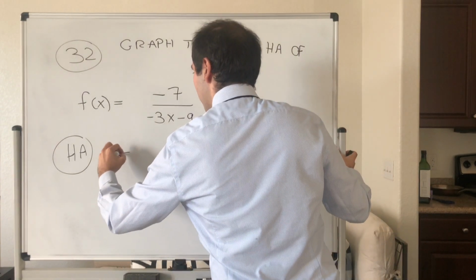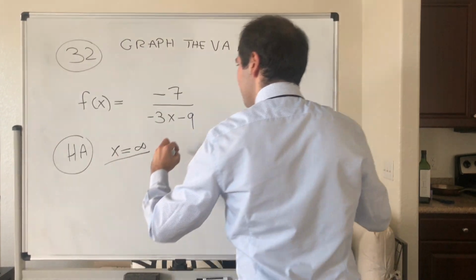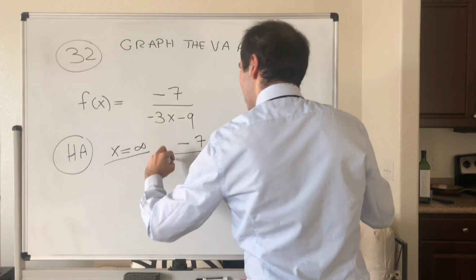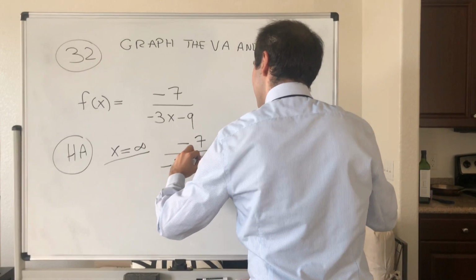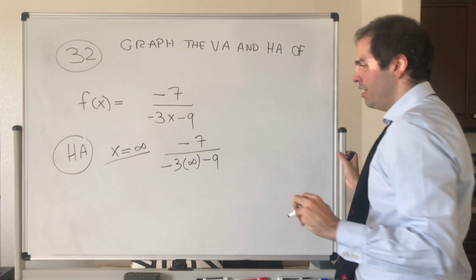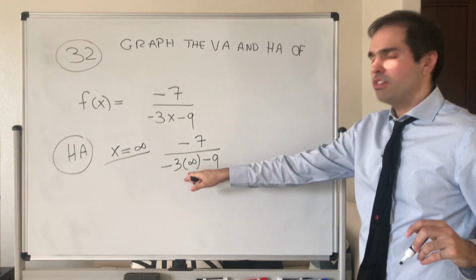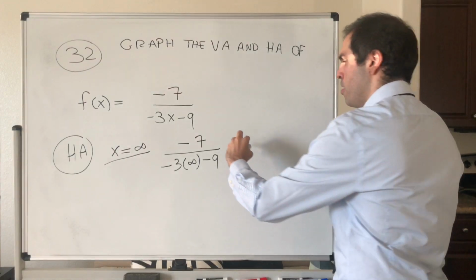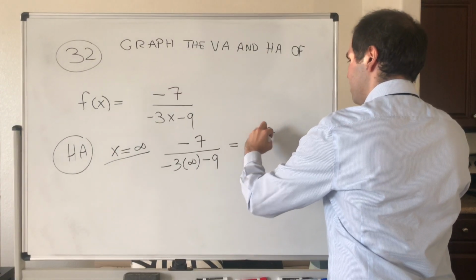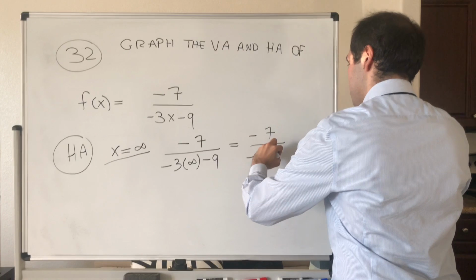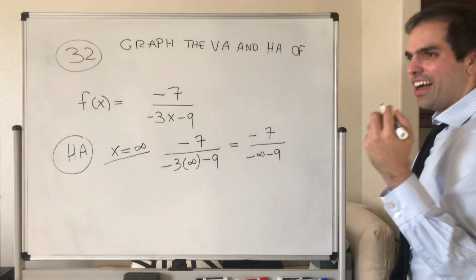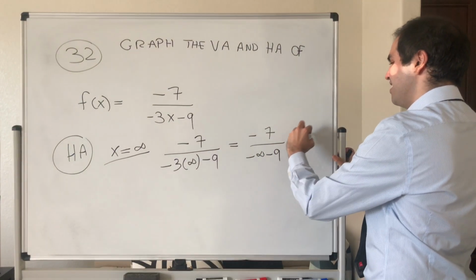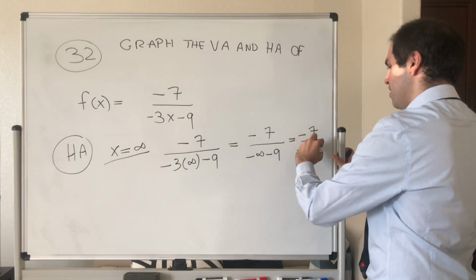But if you plug in x equals infinity, you get minus 7 over minus 3 times infinity minus 9. But minus 3 times infinity is a very big and negative number. So in other words, it's minus infinity. And then if you subtract 9 from minus infinity, it's still minus infinity.